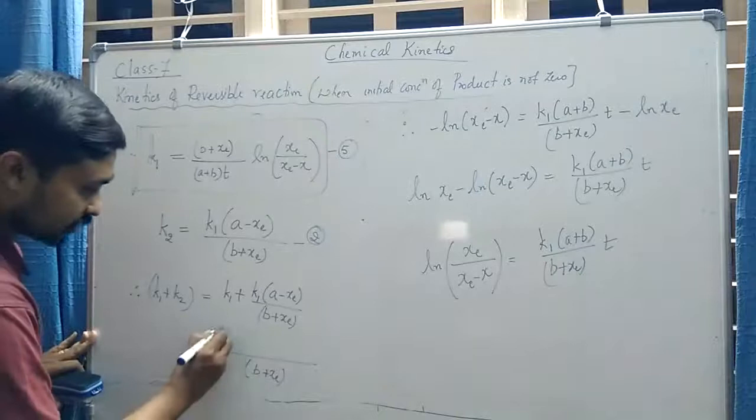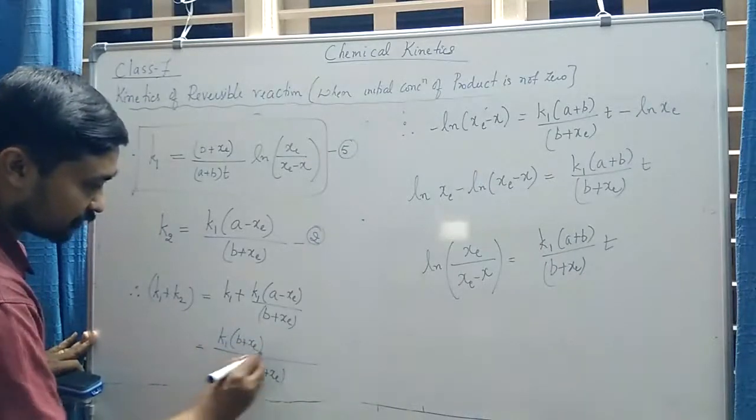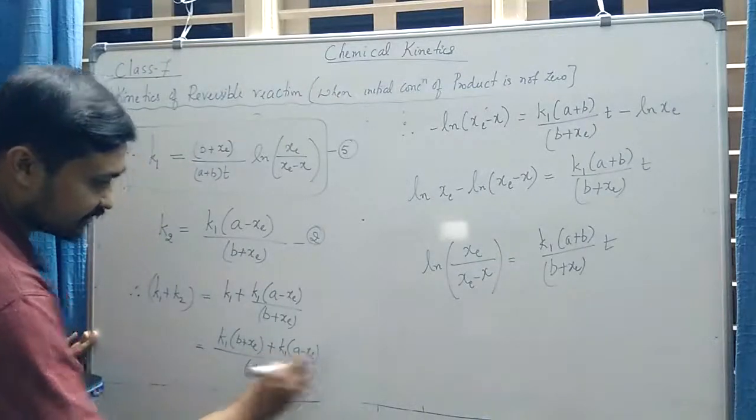So the numerator is now k1 into b plus xe plus k1 into a minus xe.